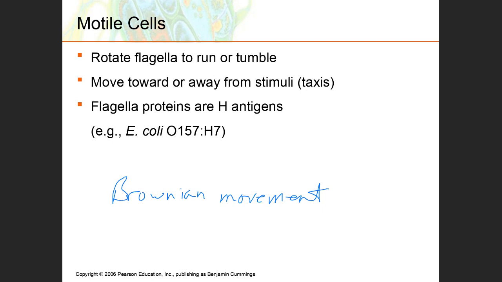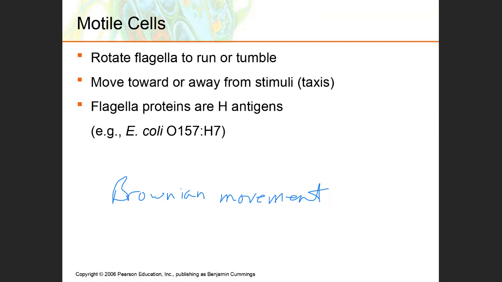The same thing happens with bacteria suspended in water. They will randomly vibrate like crazy. Sometimes it really looks like they're motile, when in fact they're not. They're just randomly vibrating. So trying to determine true motility from Brownian movement can be challenging if you're just looking at live unstained bacteria.